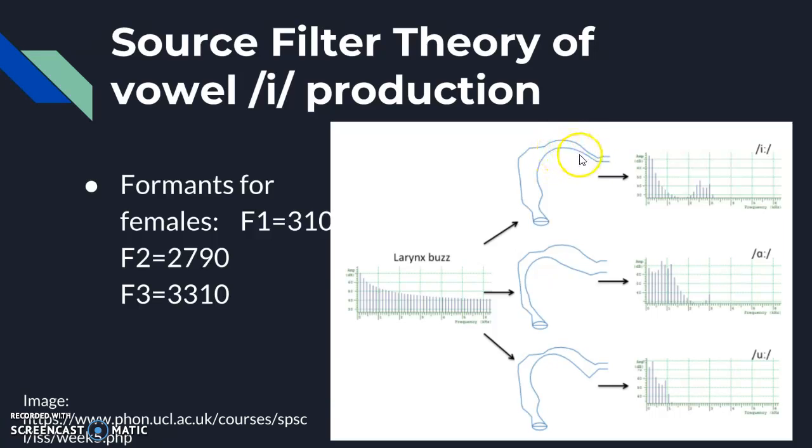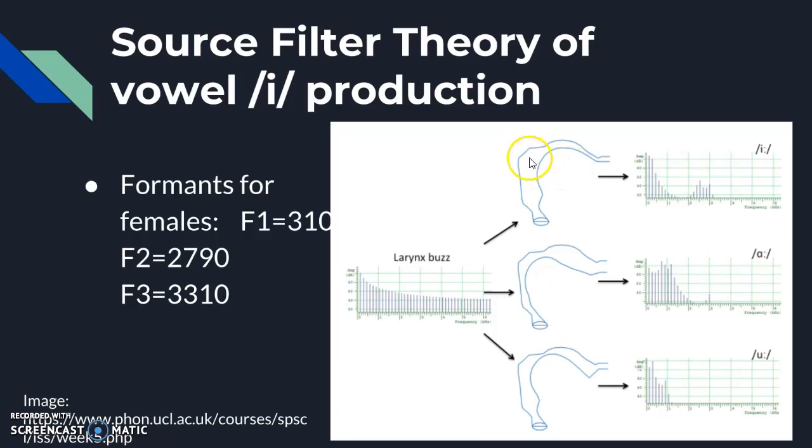And here is where the tongue is. The E vowel is a high front and relatively closed vowel, so the tongue will be kind of towards the front and upper part of the mouth, and the lips will be kind of stretched. So that's where those kinds of constrictions occur, and it's changing the shape of that oral cavity.